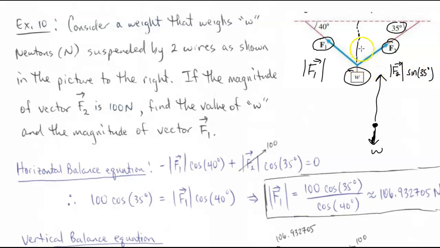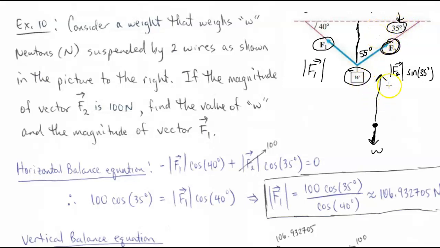The other thing I could do here is I know that this could be 55 degrees here, and I could calculate this side as being the magnitude of F2 cosine of 55. But since I was already given that angle, I just used that.